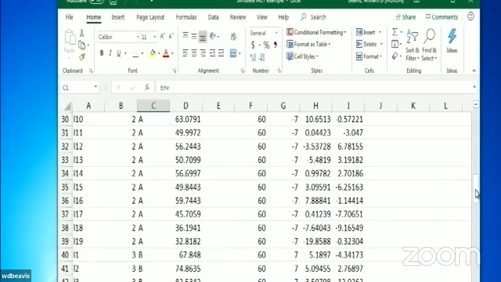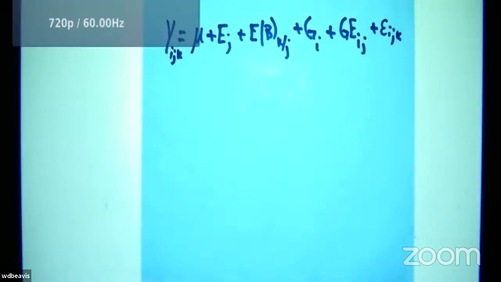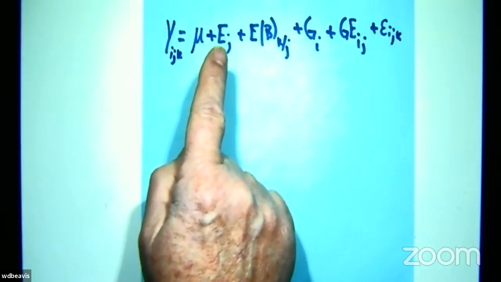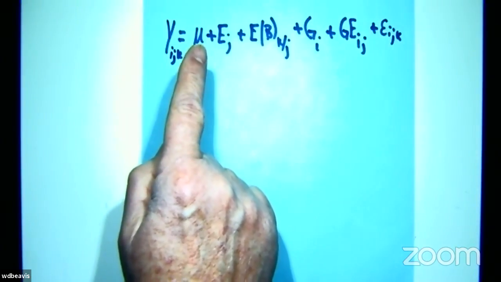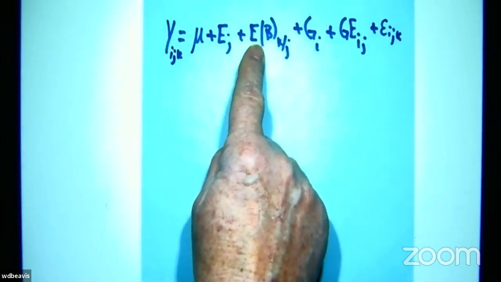Those are sources of variability: lines, environments, reps within environments, and then I have something called M, or the mean. So far we have our environments, and we have an overall mean, and we have blocks within environments.